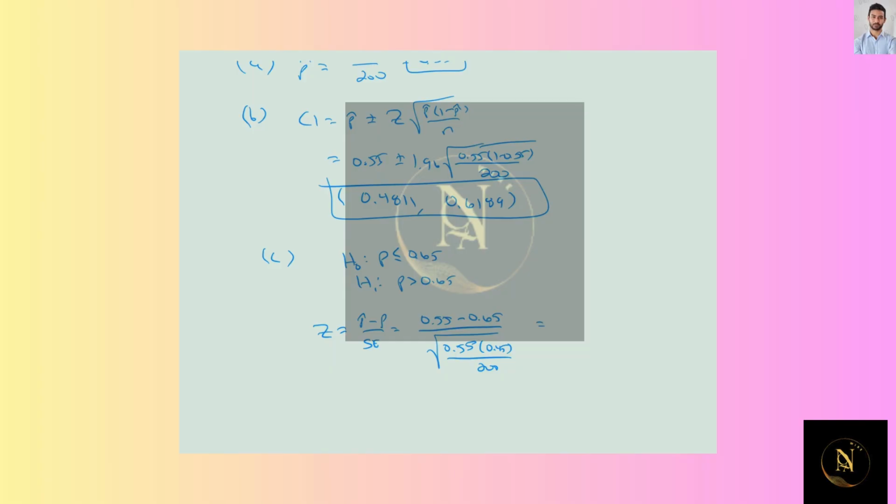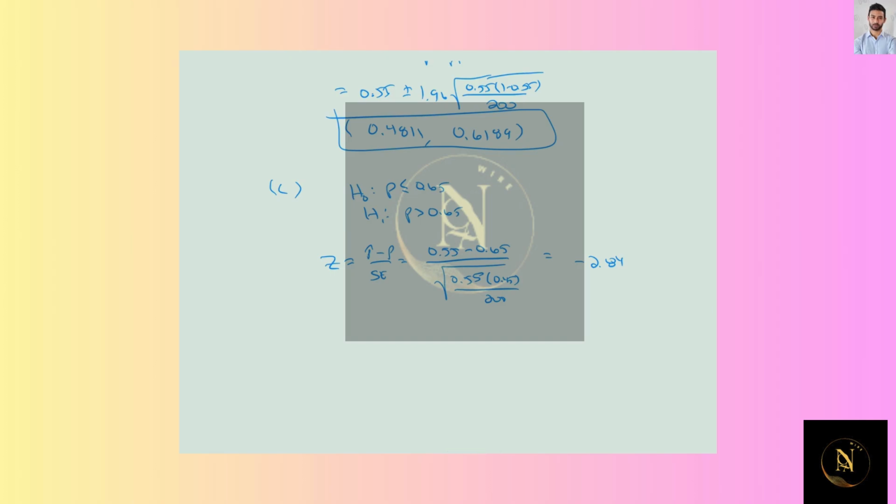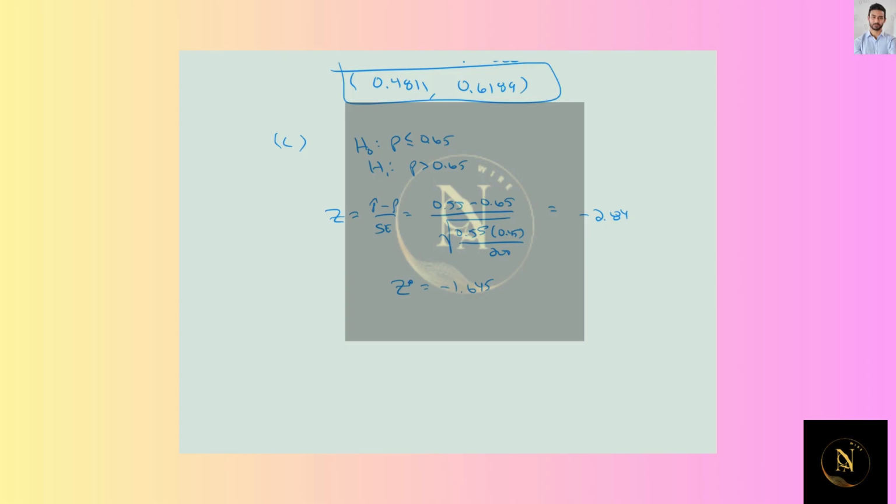Let me get that calculated. That's negative 2.84. And if we look at the critical z as being negative 1.645 at this level, it's more extreme.